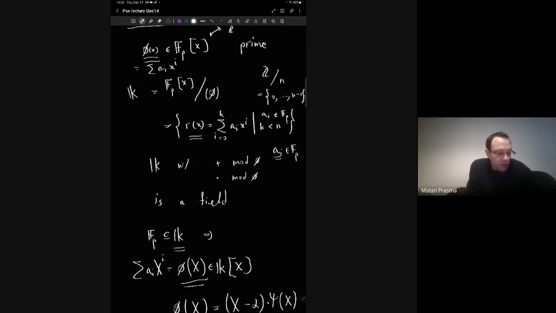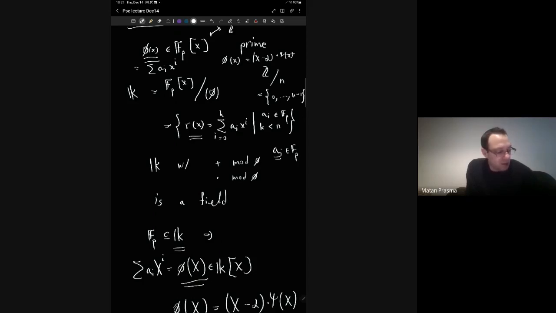So prime polynomials do not have any roots in the original field, because if they had a root, I could write phi(x) as (x minus this root) times some other polynomial p(x). But this cannot happen because phi is prime. It cannot be expressed as a non-trivial product of other polynomials.